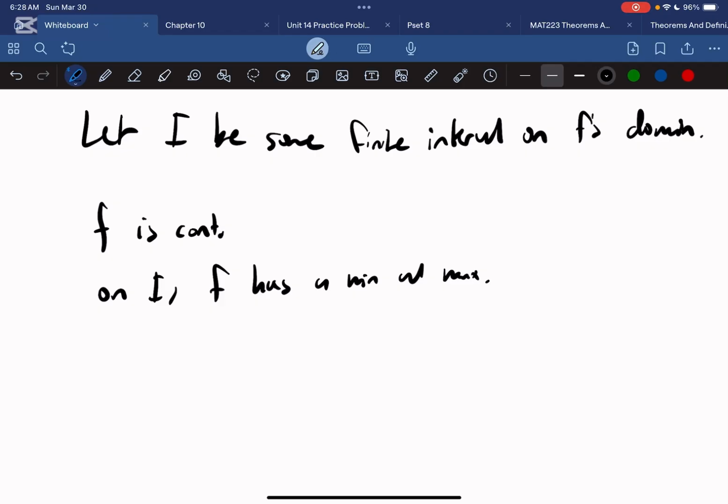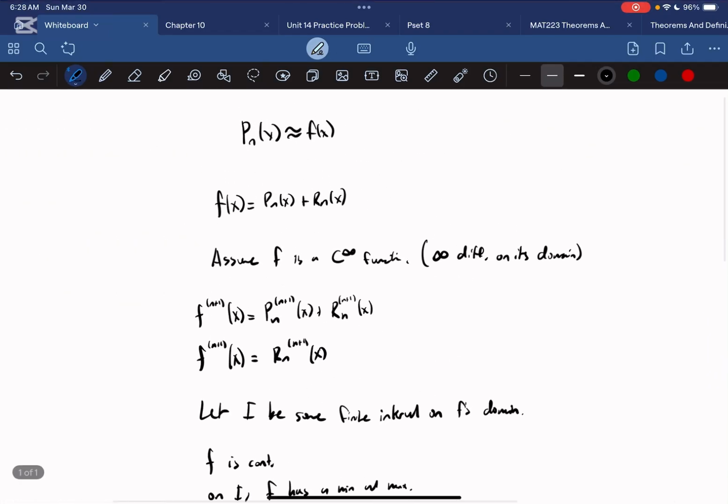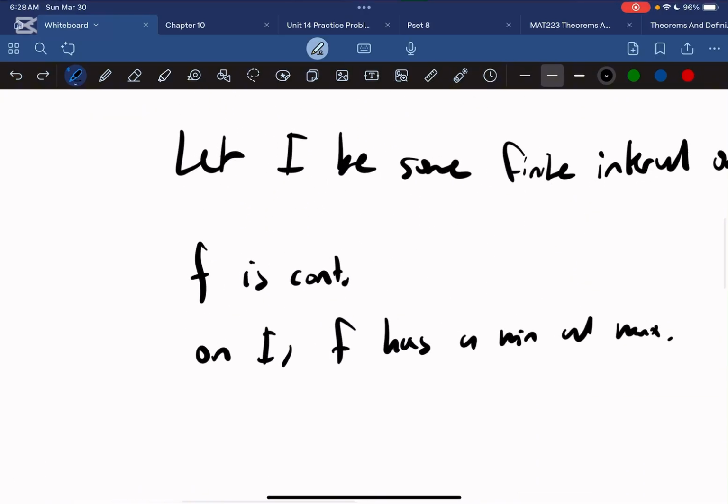This makes sense? And since f is infinitely differentiable, right, it also means it's infinitely continuous. Each derivative is continuous, right? So we know this derivative is continuous, this derivative is continuous, and we can go all the way to n+1, right?